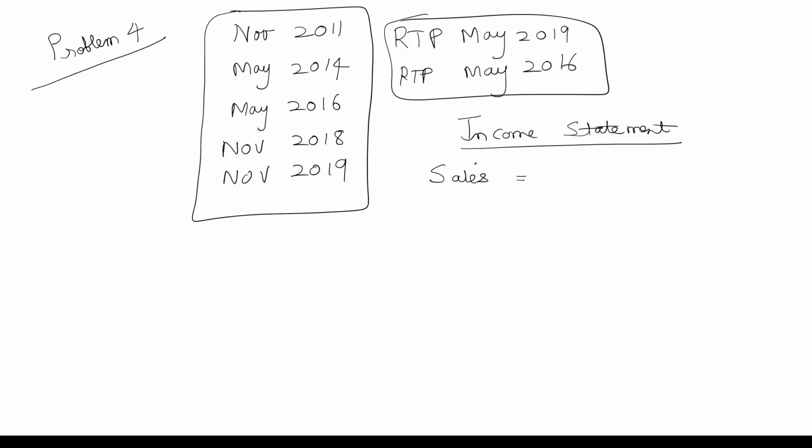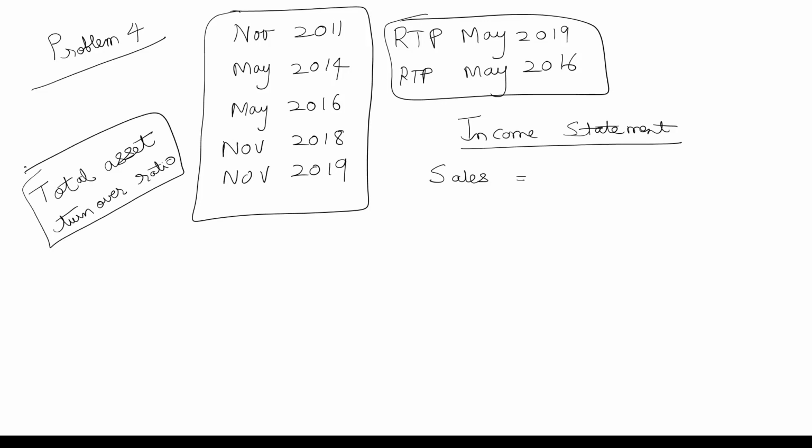How do we calculate sales here? I'm going to use something given in the question called the total asset turnover ratio. This is given in the question and I'm going to use this for the purpose of sales calculation.